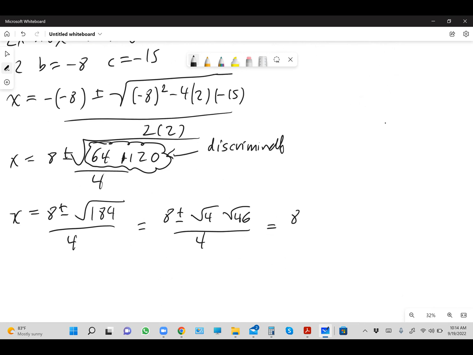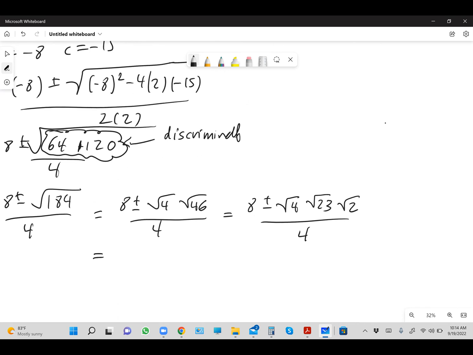That's 8 plus or minus the square root of 4 times the square root of 23 times the square root of 2, all divided by 4. So that is going to break down to -8 plus or minus 2 square root of 23 times the square root of 2 over 4.